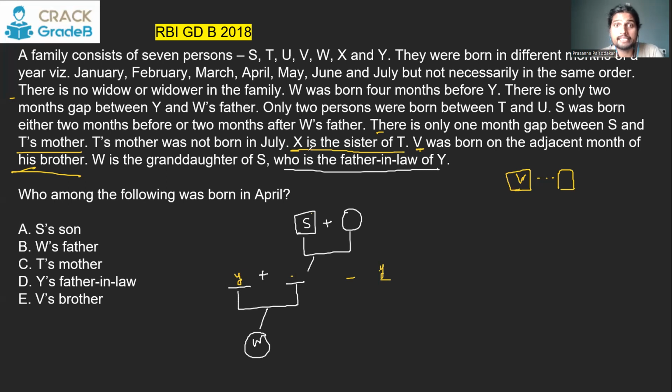The statement that X is the sister of T, then there won't be possibility of 2 brothers existing and 1 sister also existing. There won't be possibility because there will be only 2 siblings then. So 2 brothers and a sister won't be possible. That is why we can be assured that Y is the same person that is the mother or father of W.